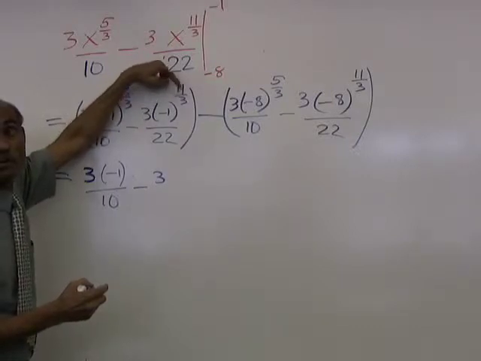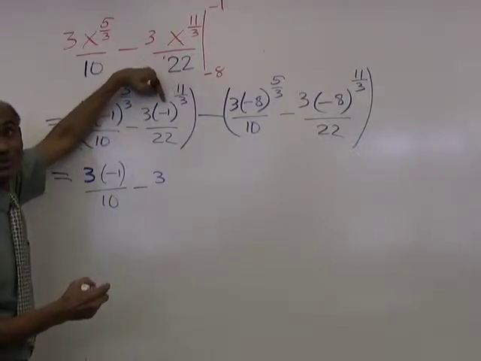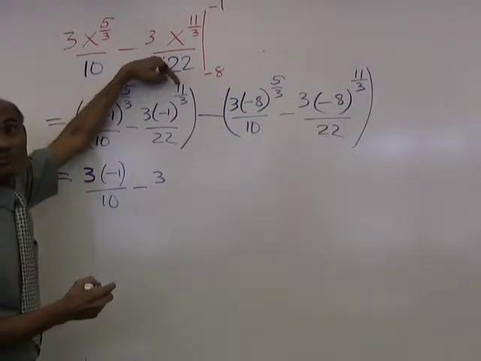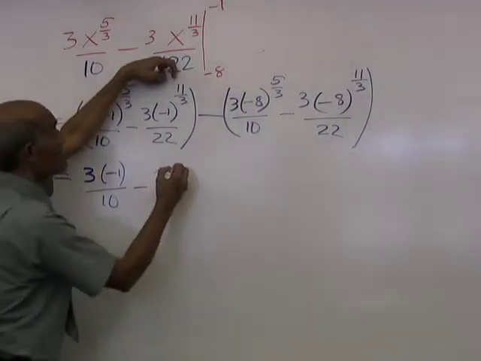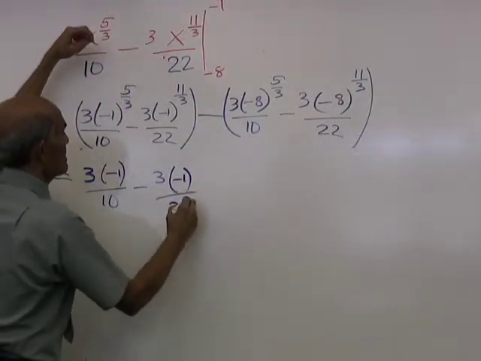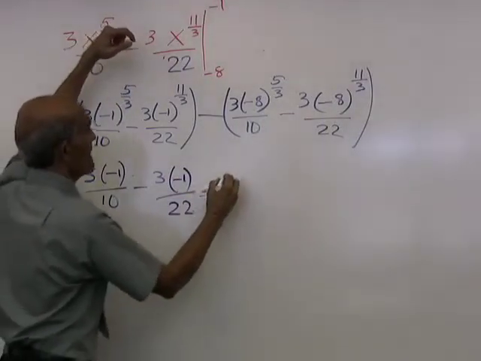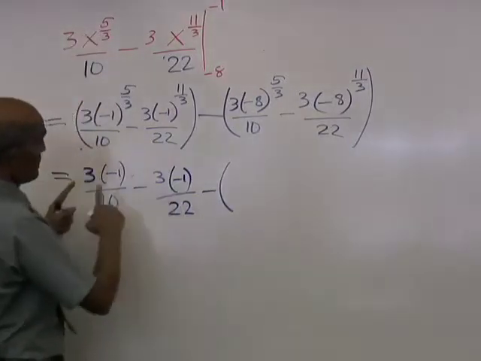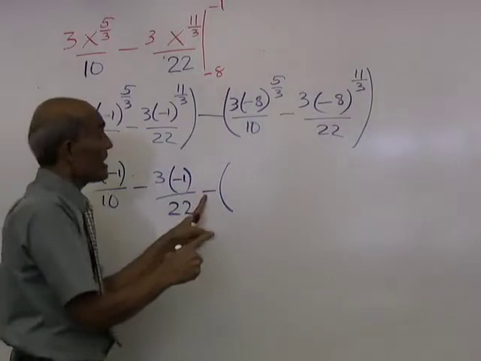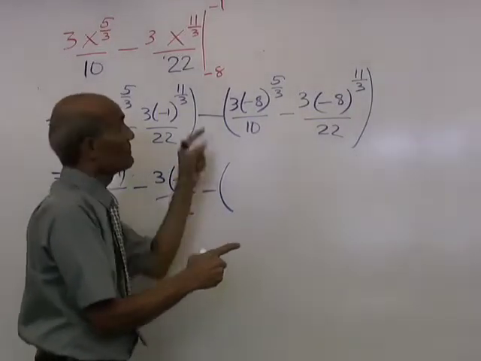They are both odd numbers. The cube root of -1 is -1. -1 to the power of 11 is also -1. So that would be 3 times -1 over 22, minus. Now, here I did not put the parenthesis, there is no need, but here after the negative sign you need to.